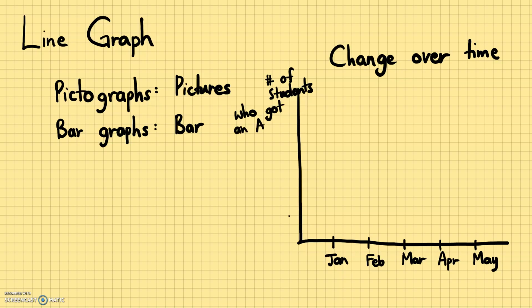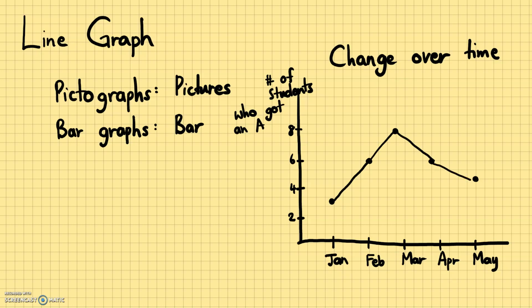Okay, so let's have 2, 4, 6, 8. January, I'm going to have the dot be about here, February about there, March about here, April about here, and May about here. And because it's a line graph, you need to connect these dots with a line.